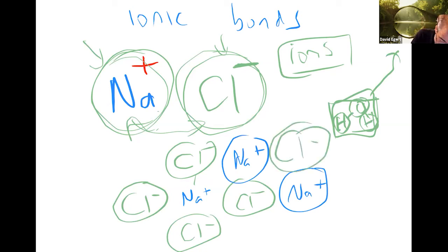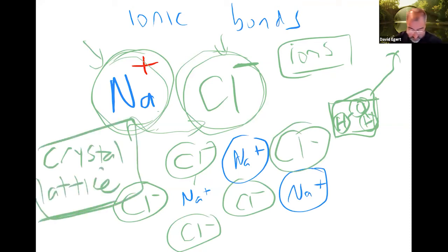So you end up with this big crystal lattice. Rather than an intact little NaCl, you just have a bunch of Nas and Cls all connected up in this crystal lattice.